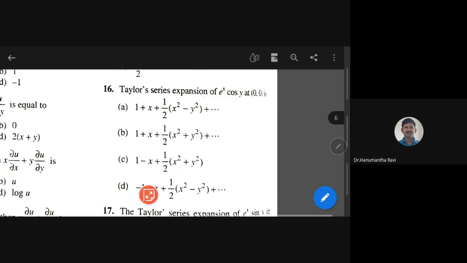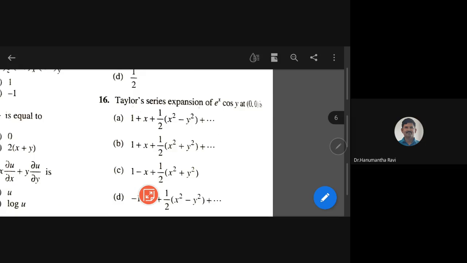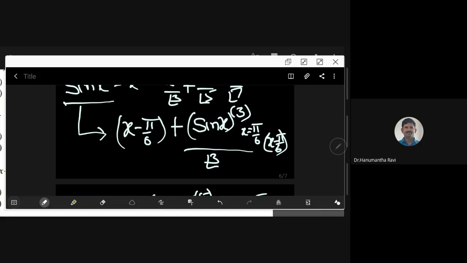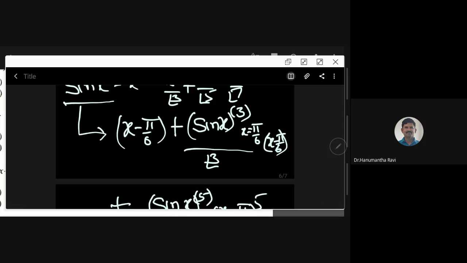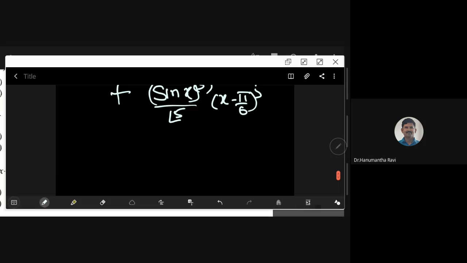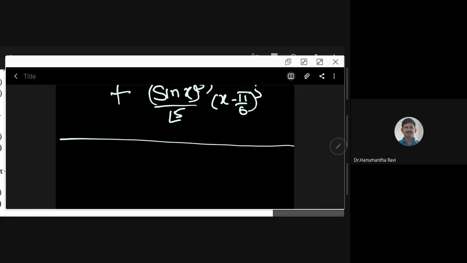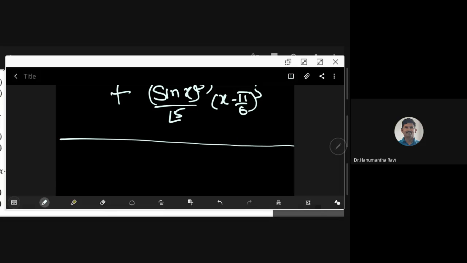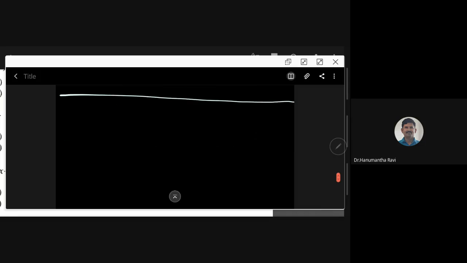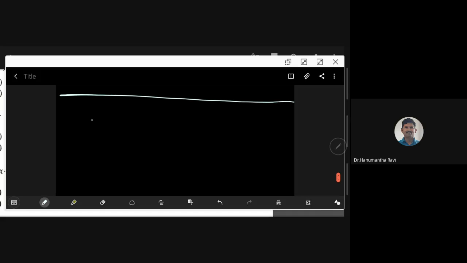Look at this: Taylor series expansion of e power x cos y at 0 0. This is another one. So what is given here?